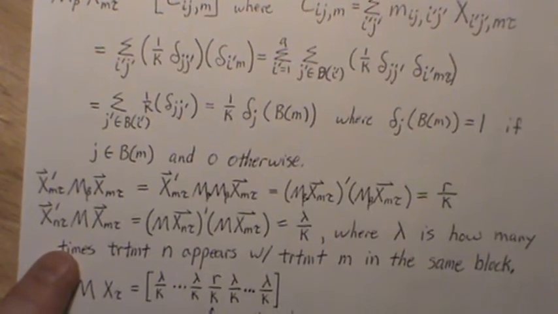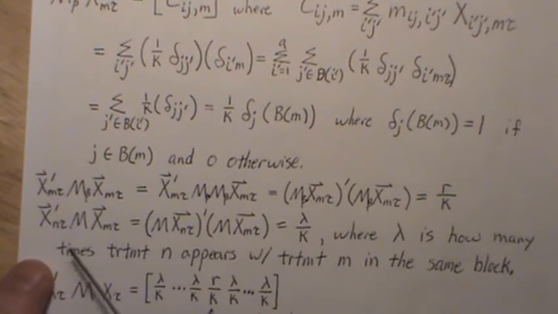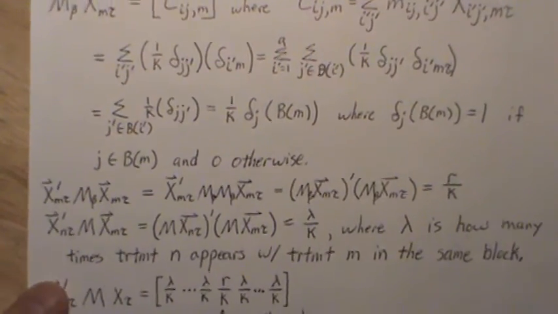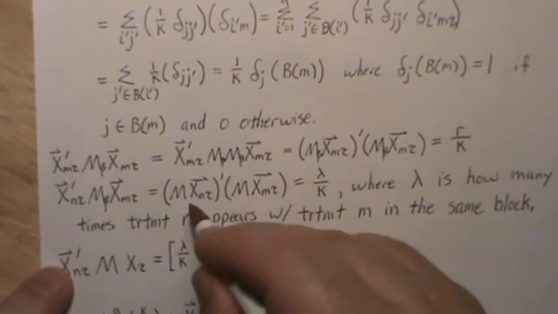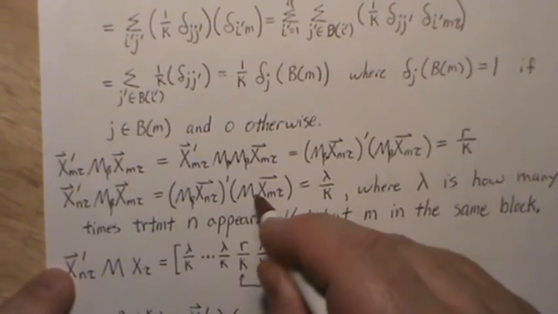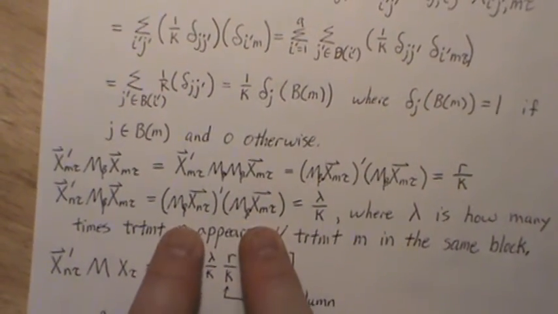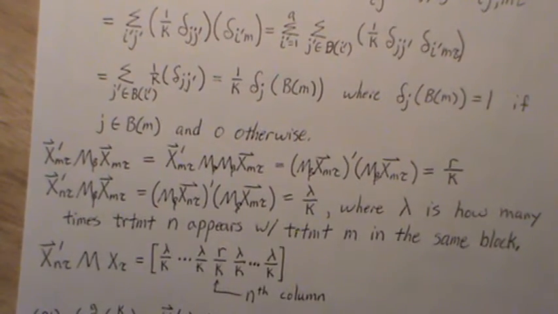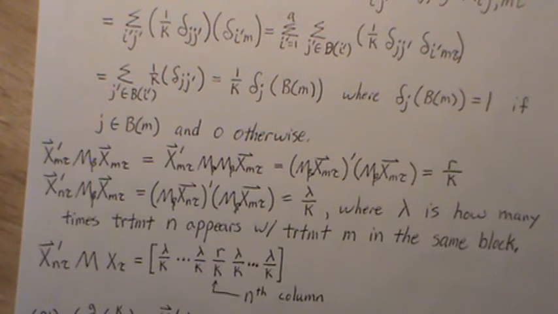Now, if we do this with not the same vector, in an mth column of tau times m beta, then when we multiply these together, it's only going to be non-zero the number of times n and m appear in the same number of blocks.